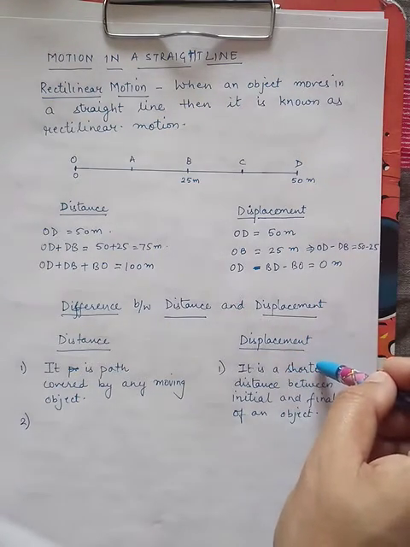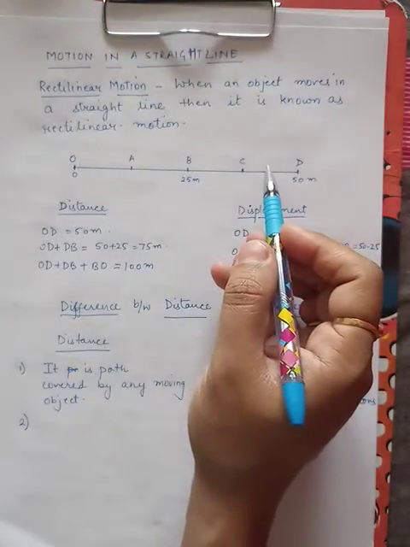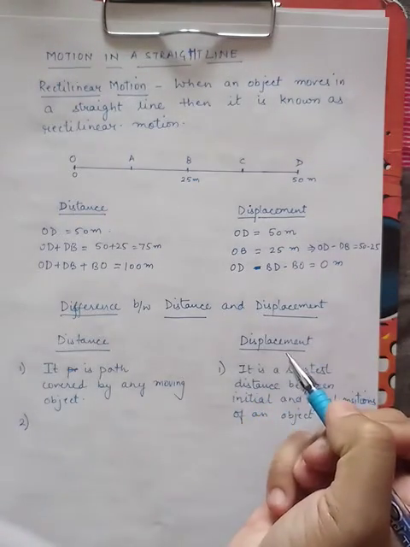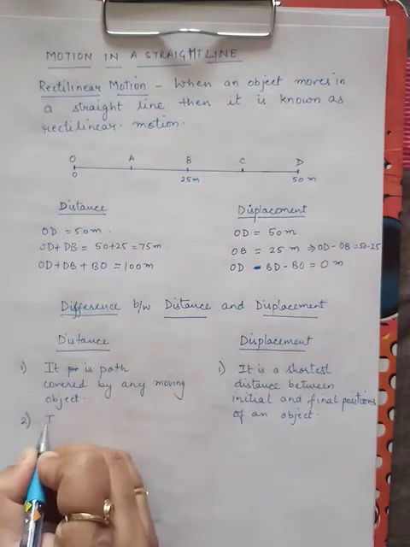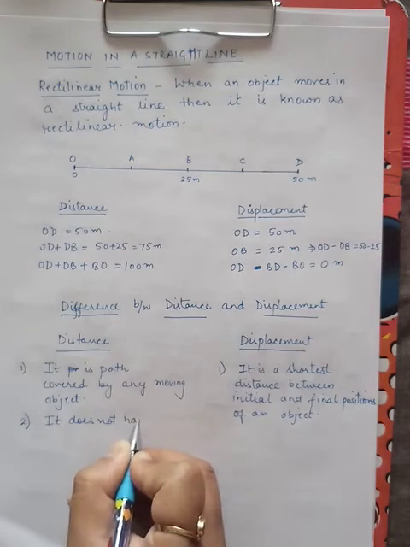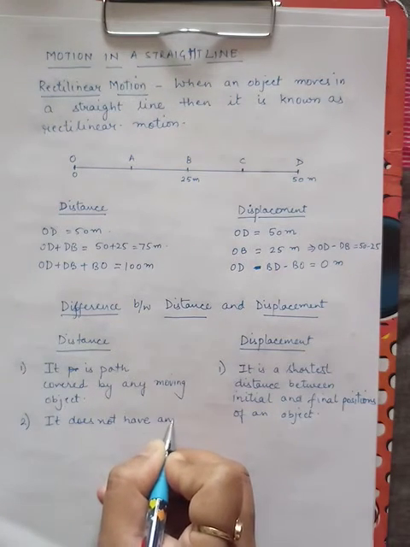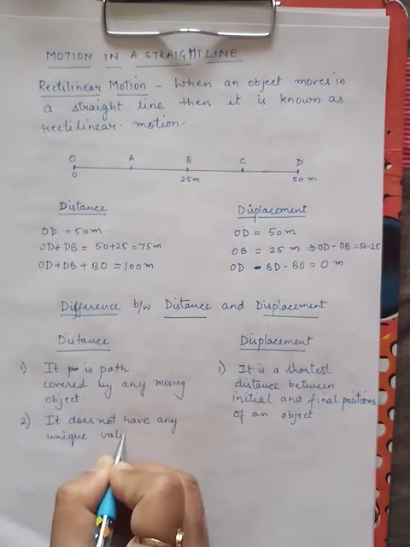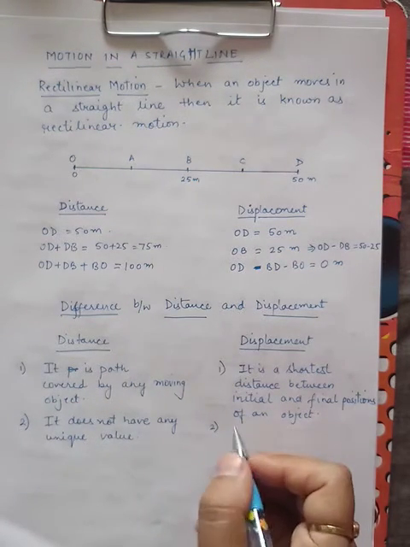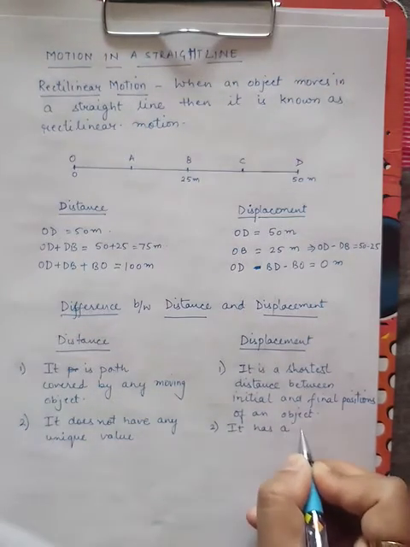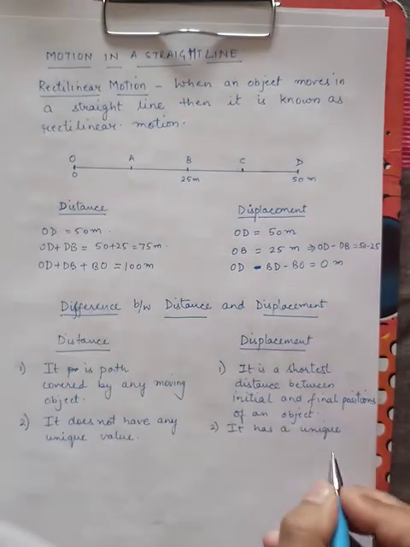So we can write, it does not have any unique value, and here, it has a unique value.